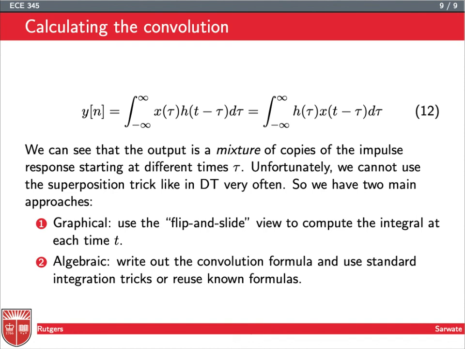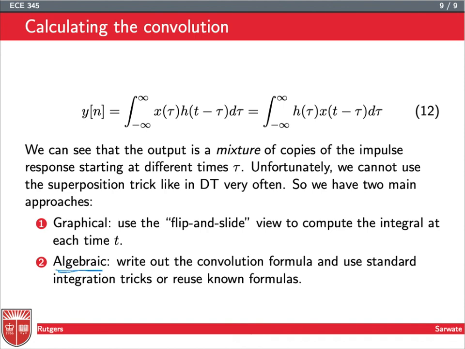So we can see that the output is a mixture of copies of the impulse response. But we can't use the superposition trick like we do in discrete time, where we just write out the impulse response and add it up. So basically we're going to get two main approaches. The first is a graphical approach using flip and slide, basically identical to the DT flip and slide, so hopefully it's a little more understandable after getting a dry run at it.